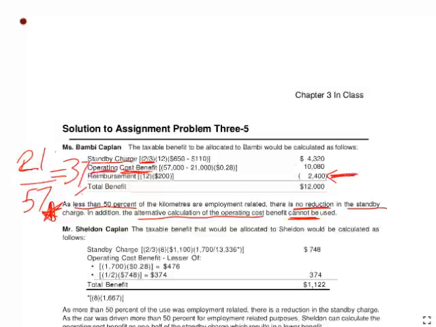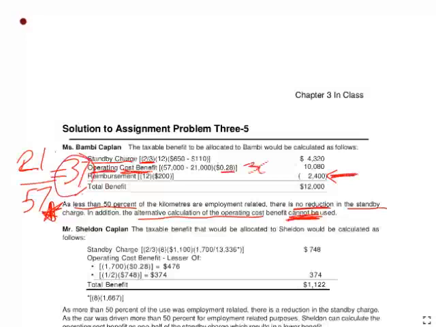The operating cost benefit is going to be strictly the personal kilometers times 28, because we could not do any kind of a reduction or other options with this one because we're less than 50%. We're only 37%. So we're just going to take those straight kilometers. So we know it's 57,000 in total. 21,000 was for work.